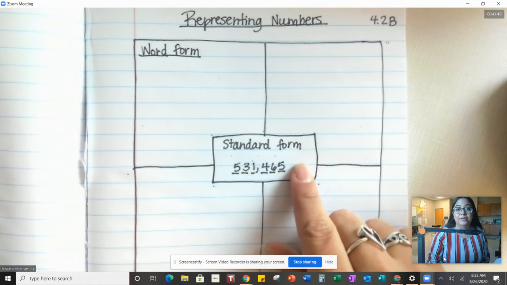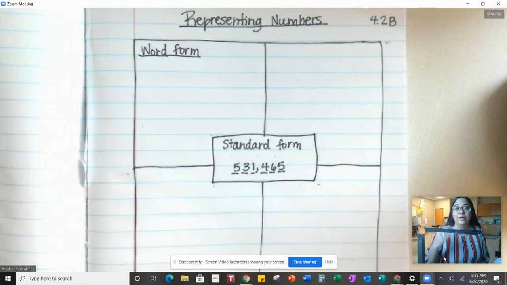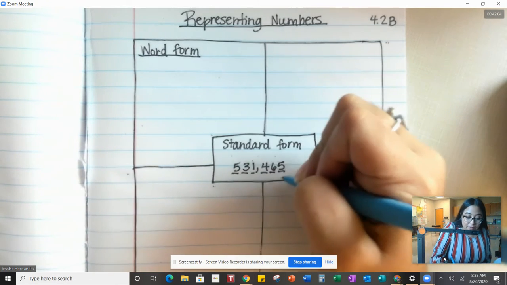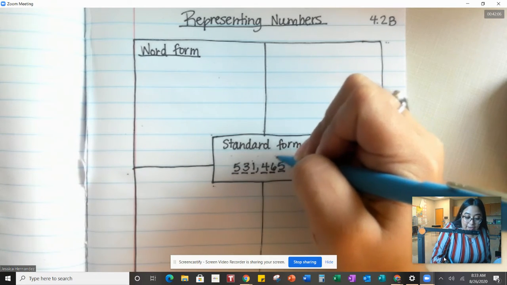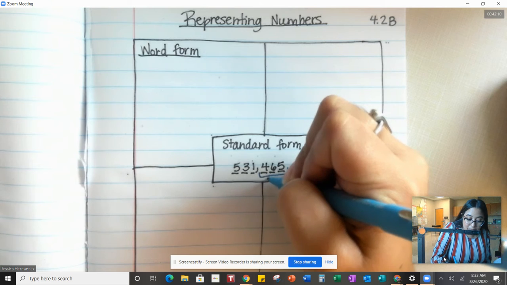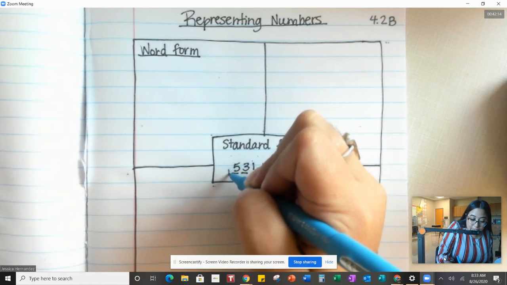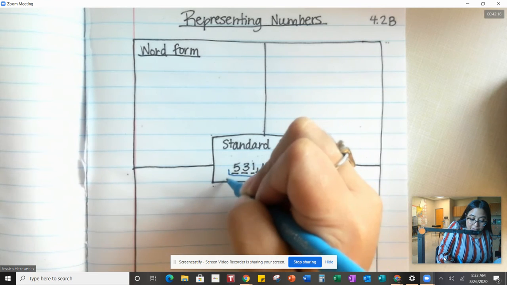We already have the number in standard form. So you can see, what I like to say to do anytime that you see a large number is always to label it, just like if you would be putting it in a place value chart. So here I know that we have our units period, and then here we have our thousands period.